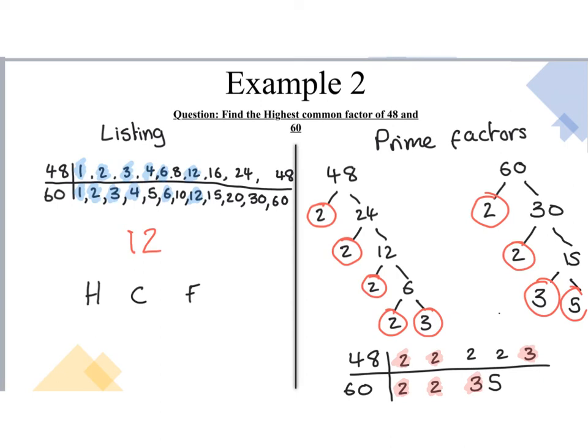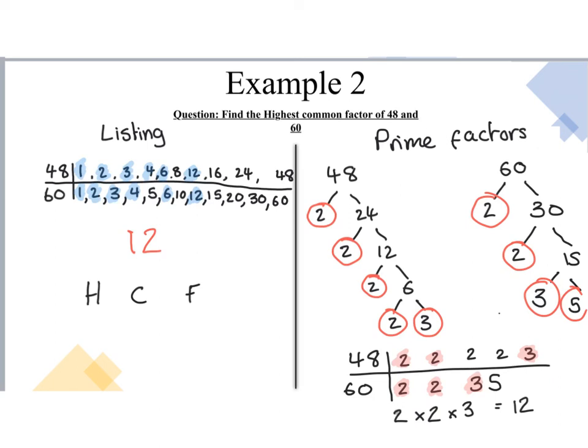And then multiply them together. So this pair is a 2, and then there's another 2, and then there's a 3 from this pair, and this pair. And then 2 times 2 is 4, times by 3 equals 12. So that's the correct answer.